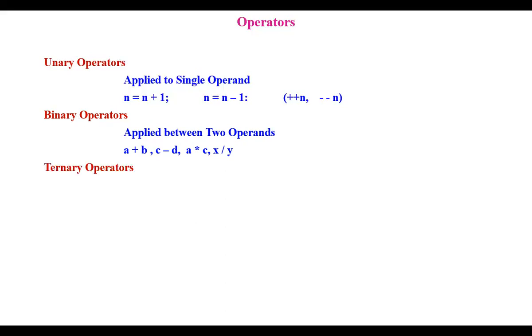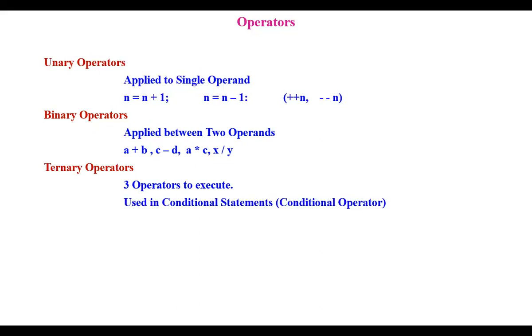Next comes ternary operators. Here, 3 operands are used in execution. They are conditional operators, which we discussed just now. If some condition is there, then something happens.